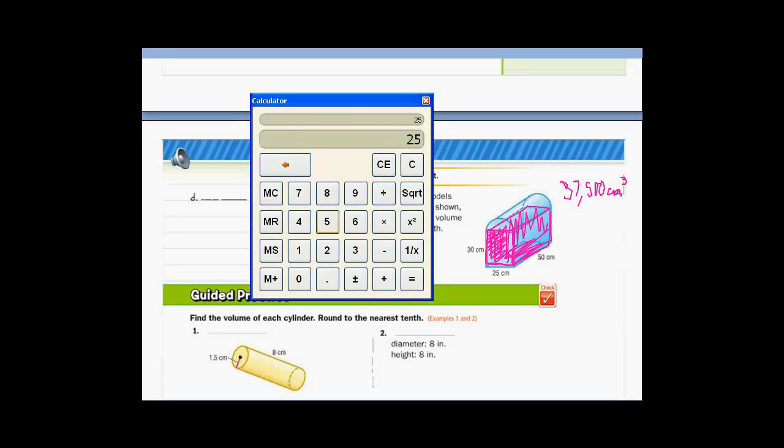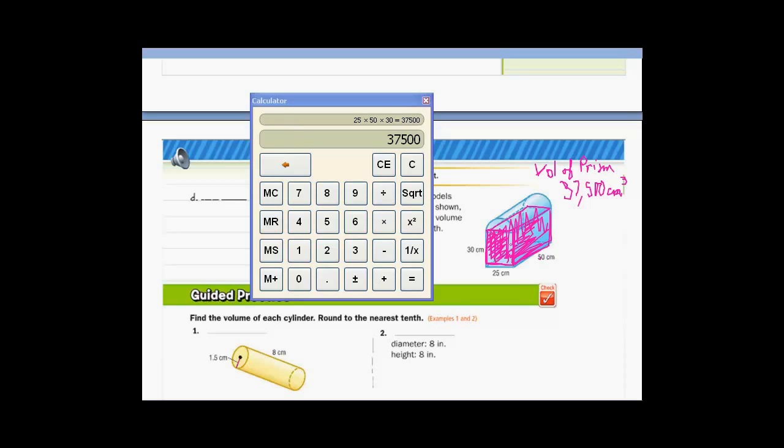If you would have done 25 times 50 times 30, 37,500. So either way you want to do it is fine. So this is the volume of the prism.